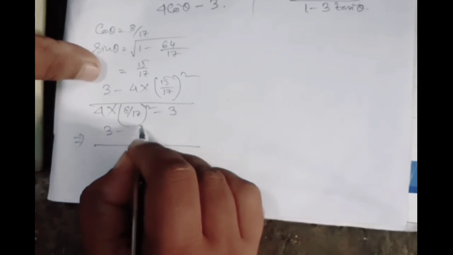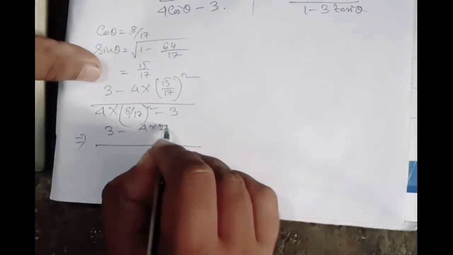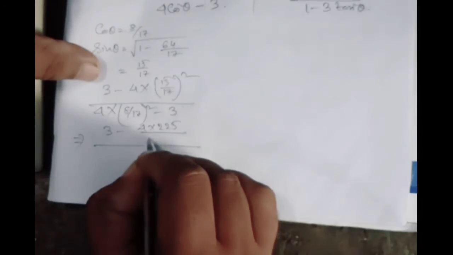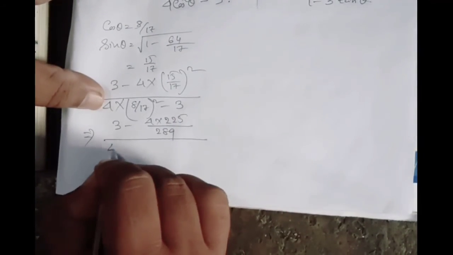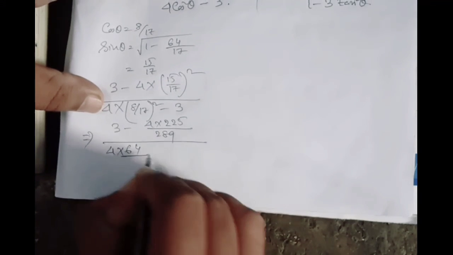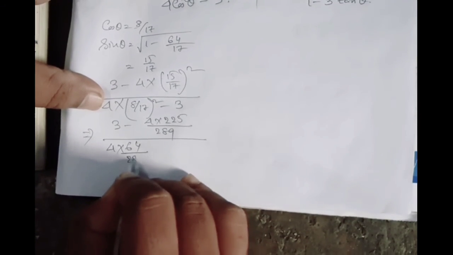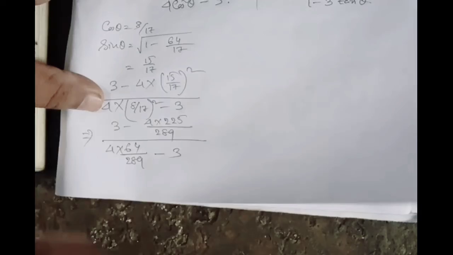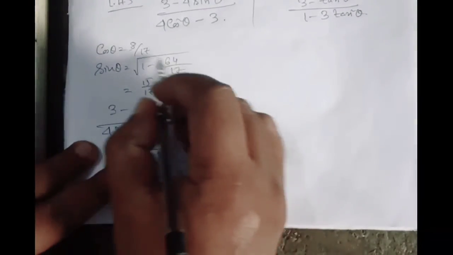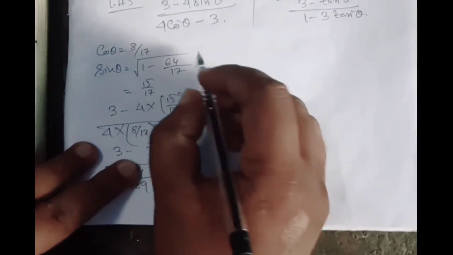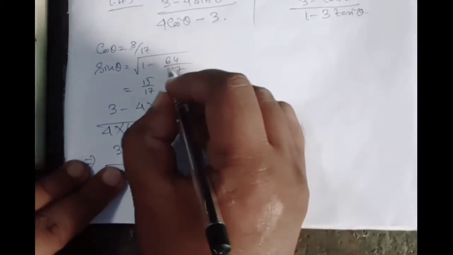Three minus 4 into this is 225 by 289. Now 4 into 64 by 289 minus 3. Again, if we do the calculations over here, this is 64 by 17 square means 289.